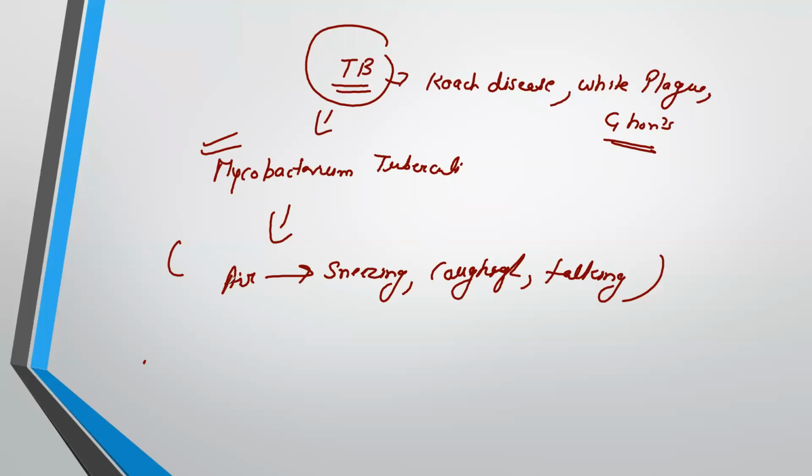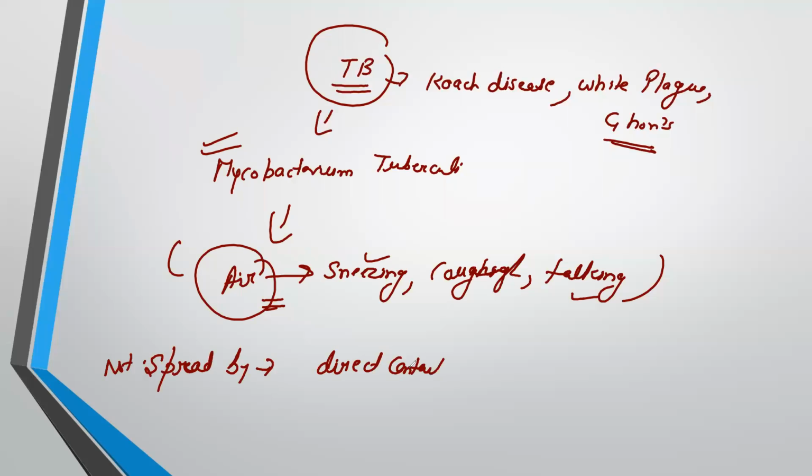So I have explained, the primary mode of transmission of tuberculosis is through the air routes, through droplets, like sneezing, coughing, talking. And it is not spread by physical or direct contact, like shaking hands, kissing, or engaging in a sexual activity.